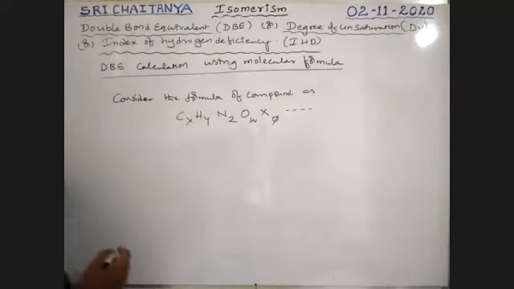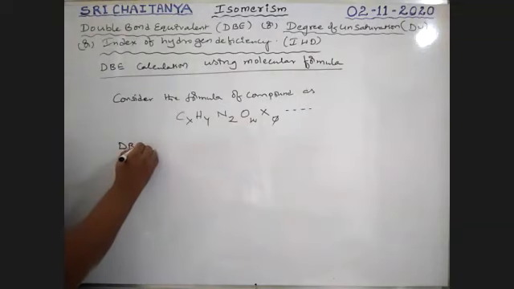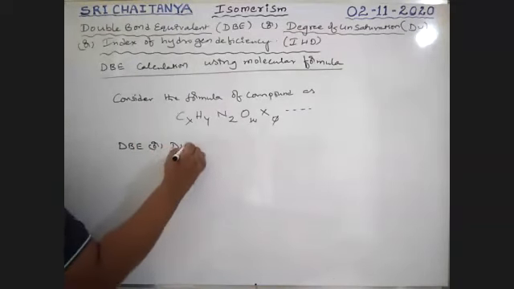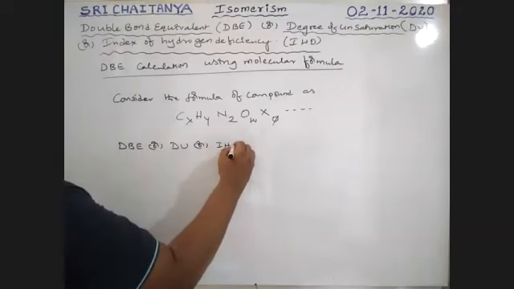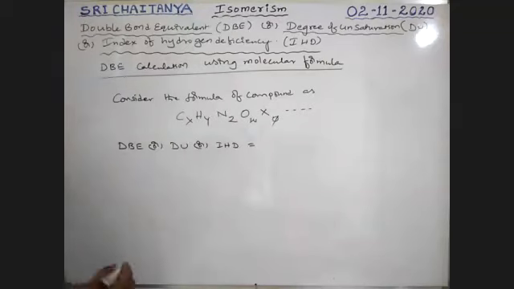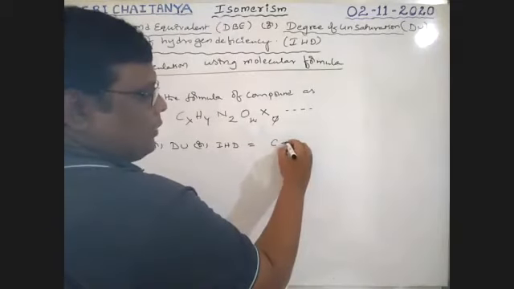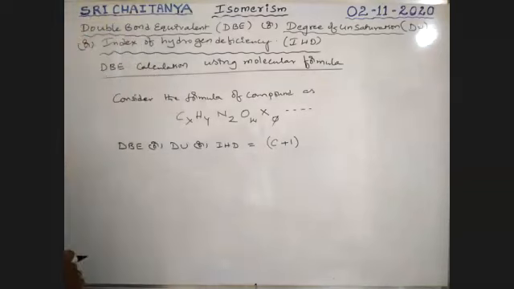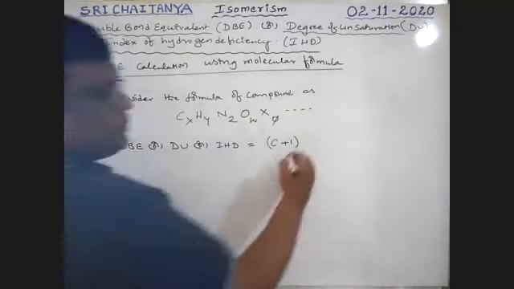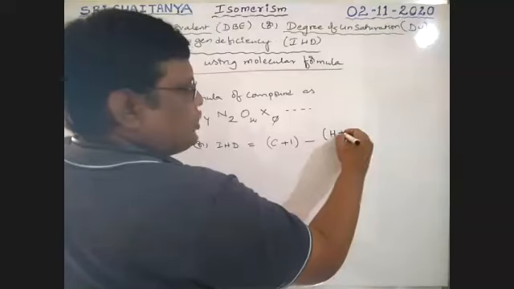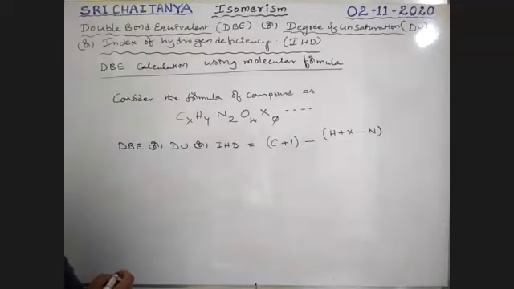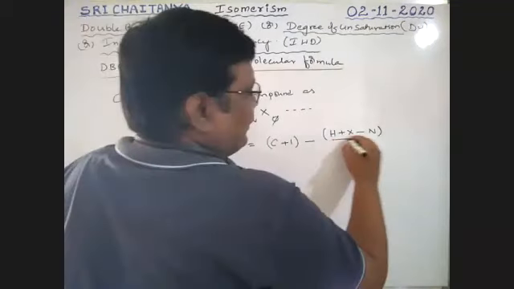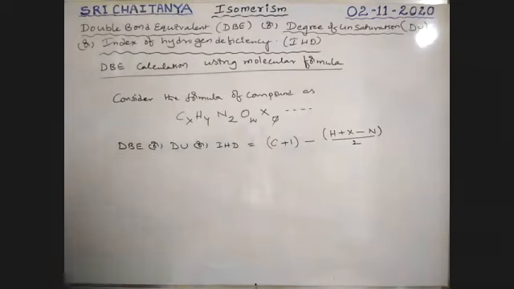So formula, note down. Degree of double bond equivalence or degree of unsaturation or index for hydrogen deficiency is equal to C, number of carbon atoms, plus 1, minus H plus X minus N by 2.